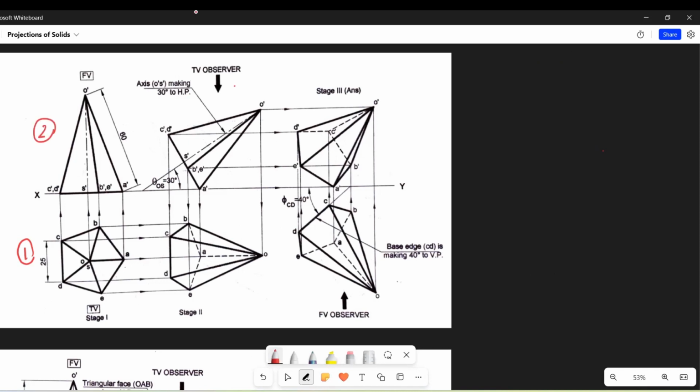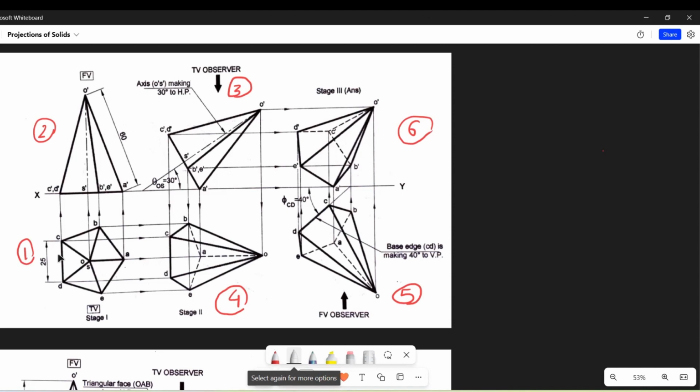Next, we will draw this view number 3. Then we will draw this view number 4. Then we will draw this view number 5, and this would be view number 6. Now, how will the question be formed?